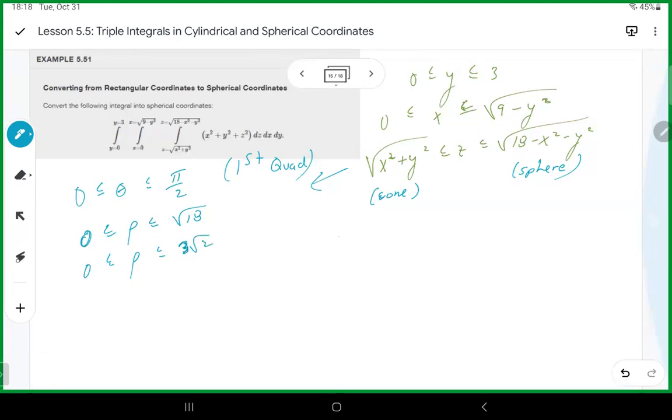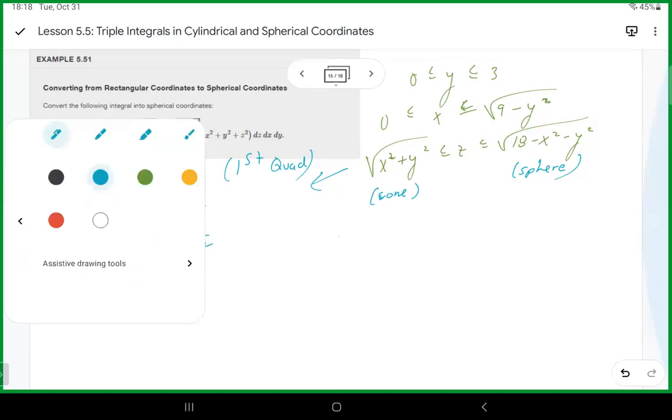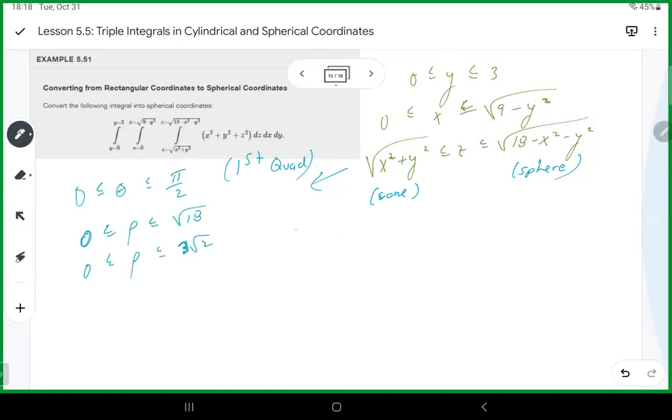And then for the range of phi, maybe we need to find where the cone and sphere intersect, to solve the equation. So kind of like a sidebar, you have to solve to find the one that looks like a 6.